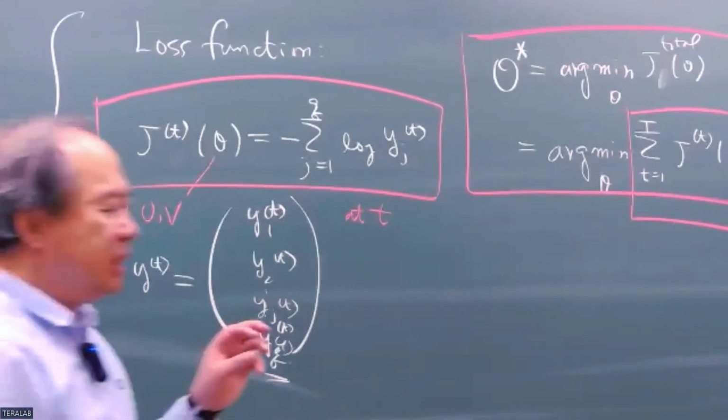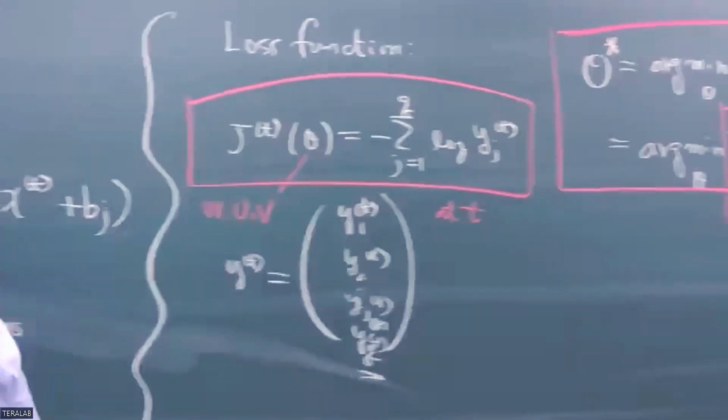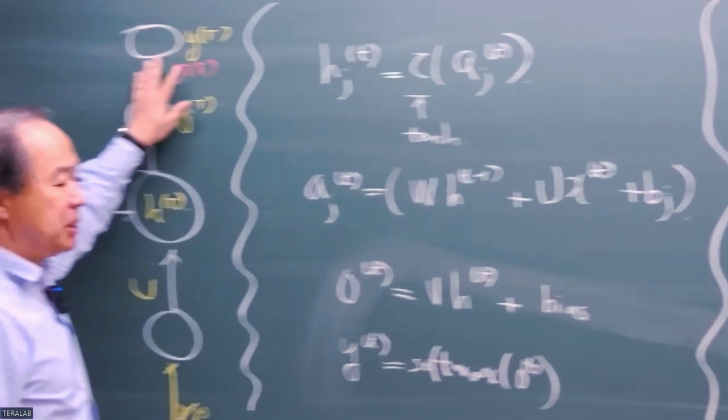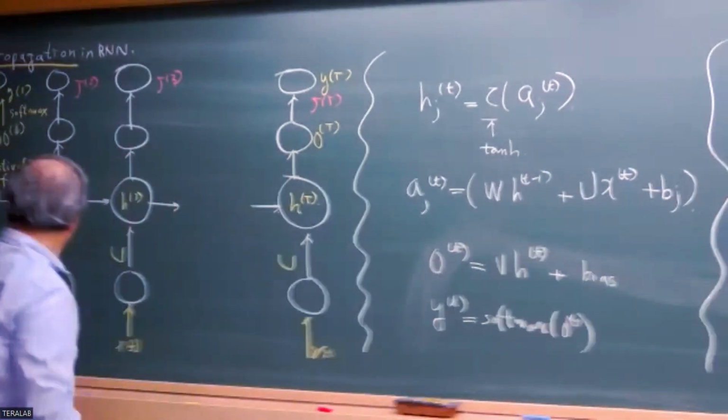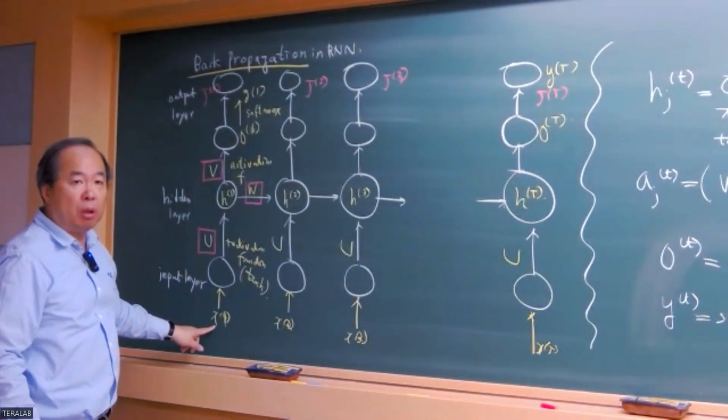Because of that, it is a little bit difficult, because the loss function at time step T, the final state, will affect the U matrix at time step 1.